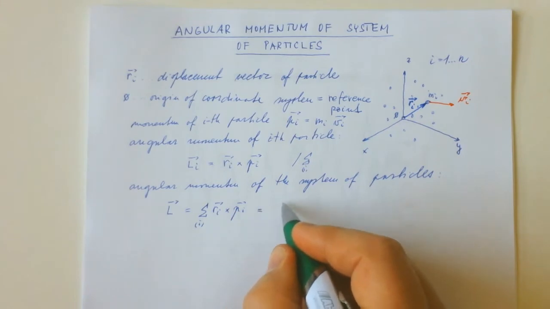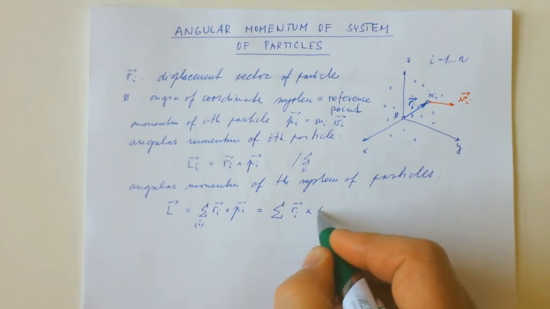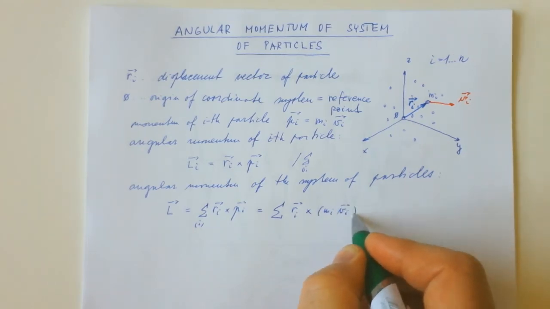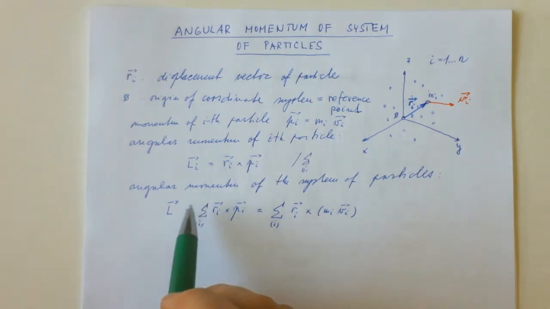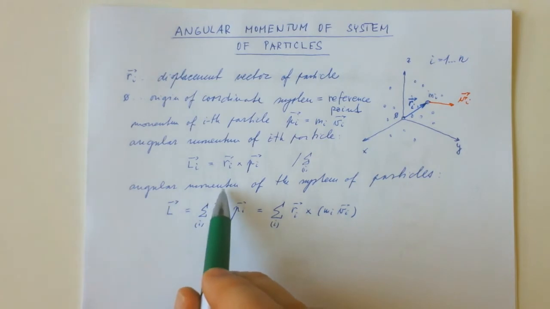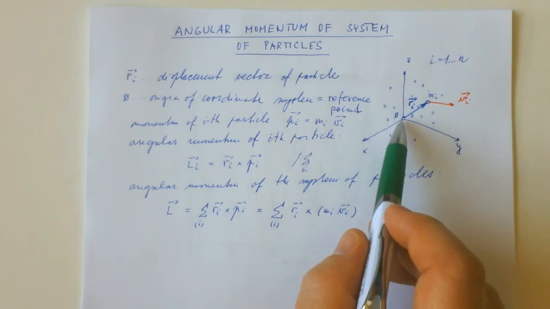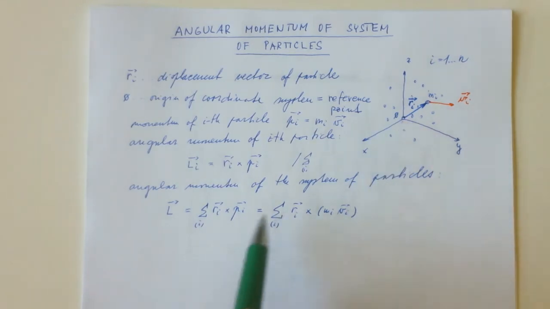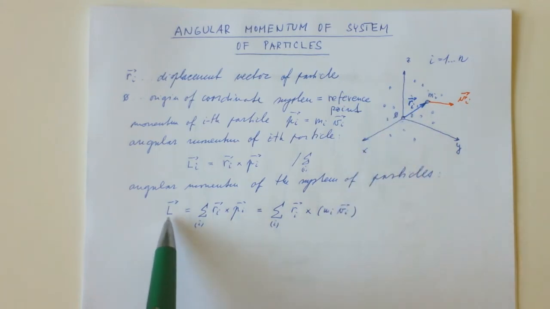So it means that it is the sum of Ri cross mi vi over i. So we can talk about total angular momentum with reference to that point of reference. Okay, so if we choose another point, this value or vector will be different.